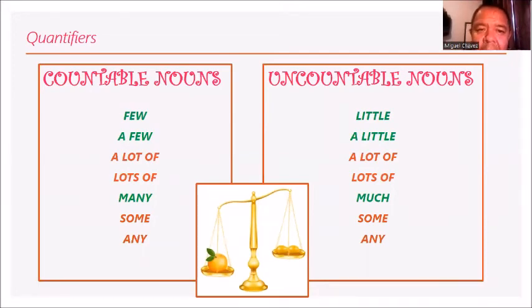One of them is going to be used with countable nouns and the other with uncountable nouns. For the countable nouns, we are going to have few, a lot of, lots of, many, some, any. For uncountable nouns, we are going to have little, a lot of, lots of, much, some, and any.